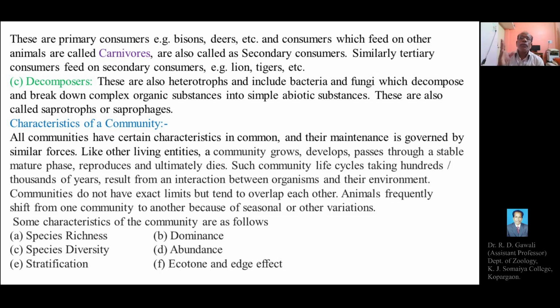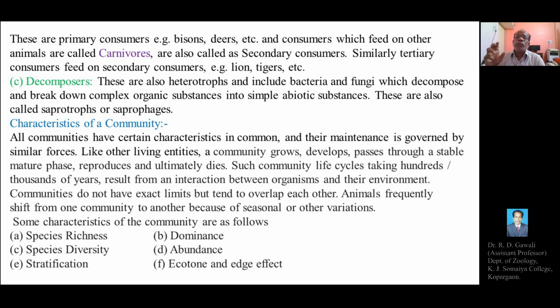So there are different type of heterotrophs such as bacteria and fungi, which are called as decomposers, because they decompose and break down the complex organic substances into simple abiotic substances, and these are also called as saprotrophs or saprophages.